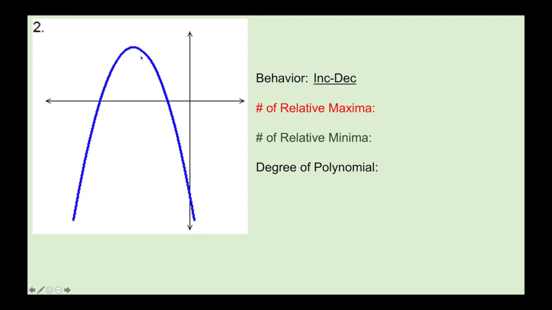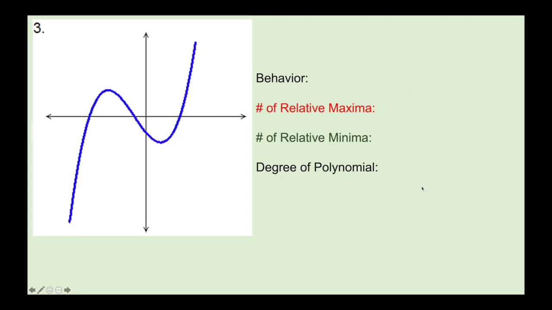Relative maxima, I have a high point right here where it changes from up to down. So I have one of those. For relative minimums, I'm not going to have any. And then as far as the degree, again, it's going to cross twice here, making the degree of the polynomial 2. And again, I want you to look for a pattern that's going to start to develop within those answers.